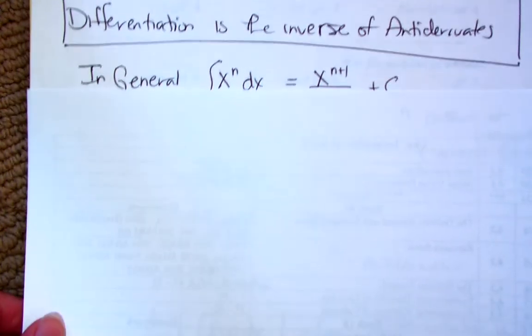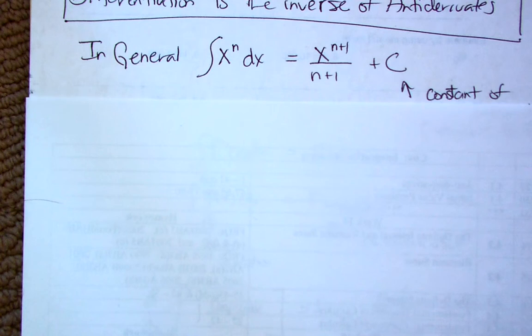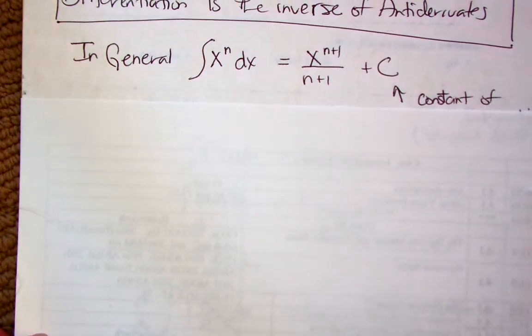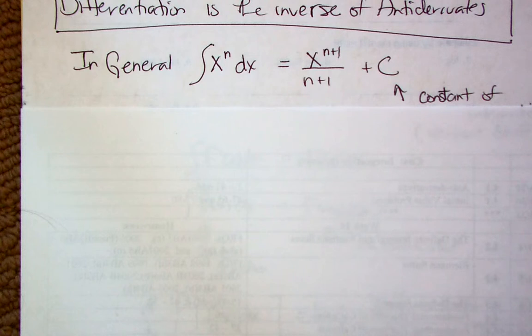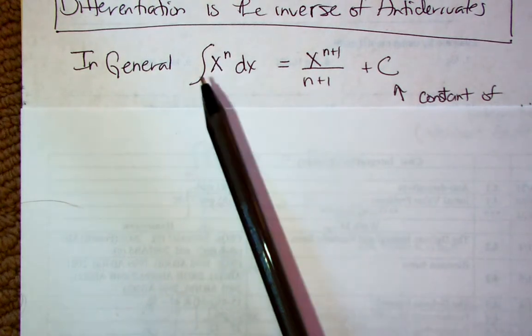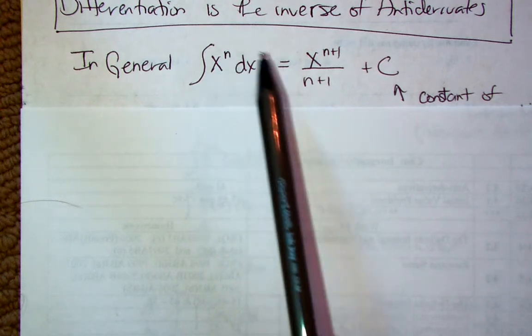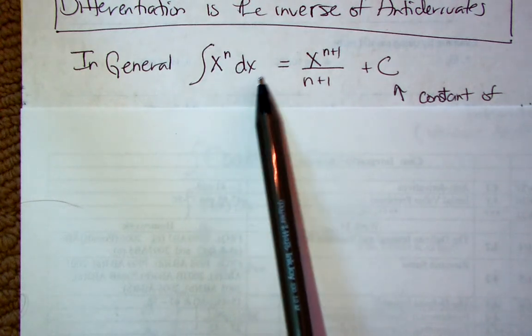So let's begin with our general rule for indefinite integration. This here is called your integrand. So I'm going to be doing indefinite integration on x to some power with respect to x.